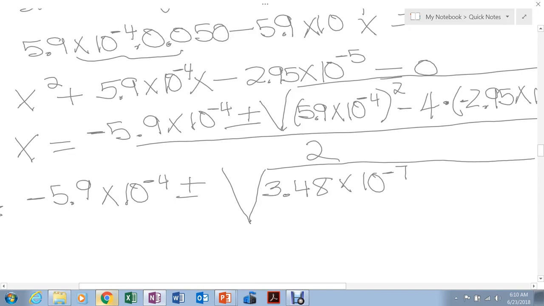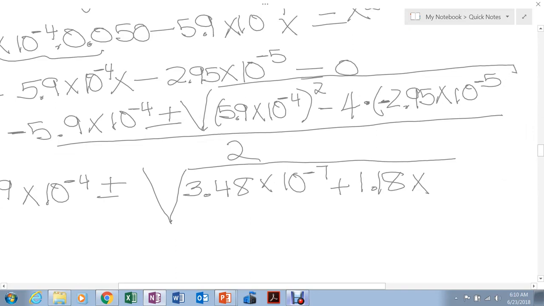Again, minus and minus gives you plus, and this multiplied gives 1.18 times 10 to the negative 4.